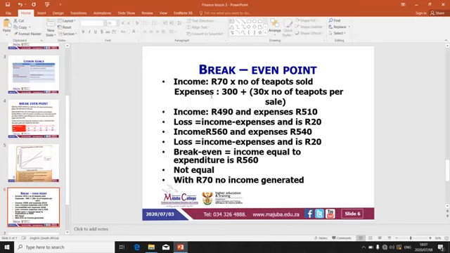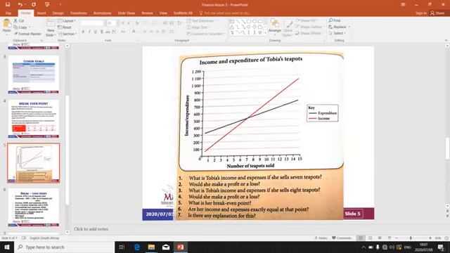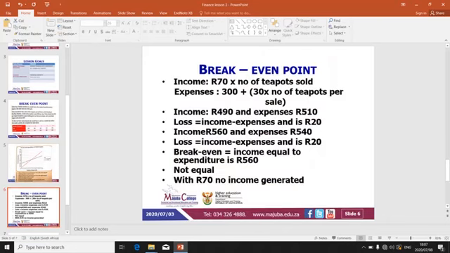The expenditure is 300 rand plus 30 rand times 7, which is 210, plus 300 is 510. I think you still remember. Would she make a profit or a loss? Remember, in the previous lesson, lesson number 2, the profit or loss is income minus expense.